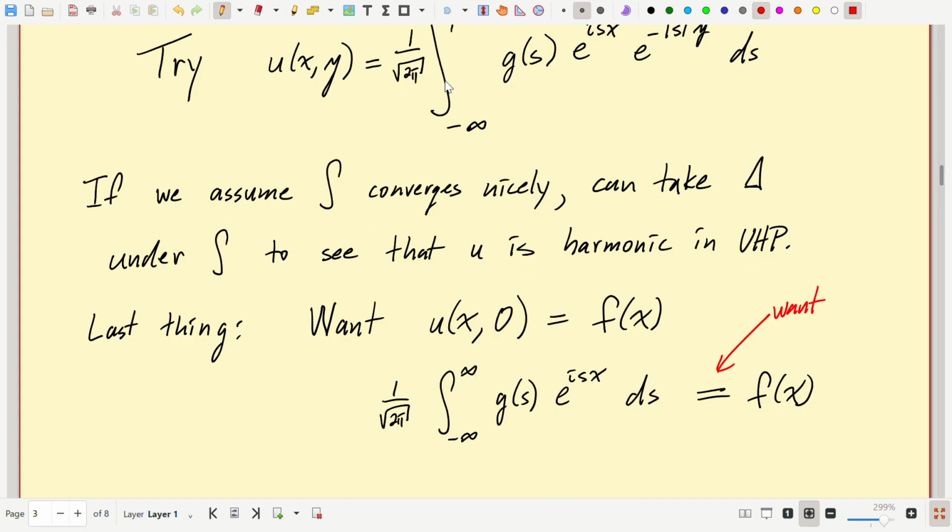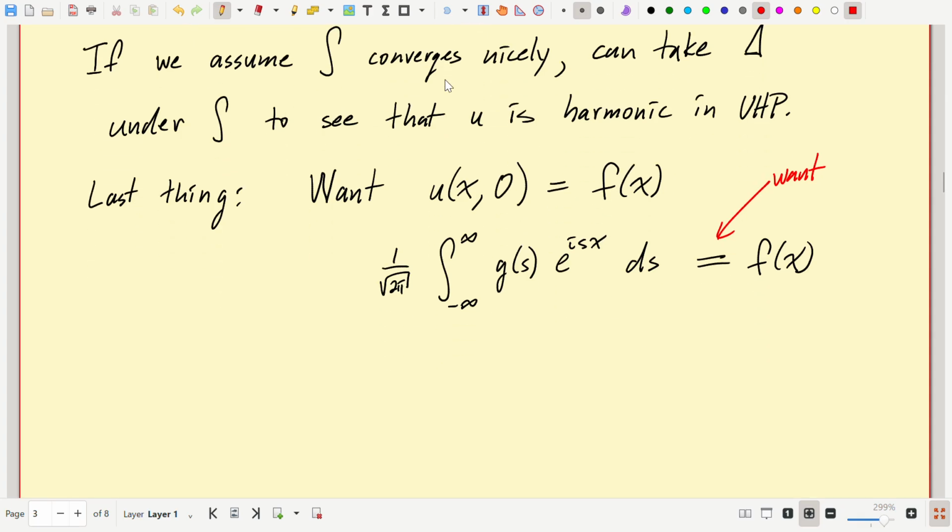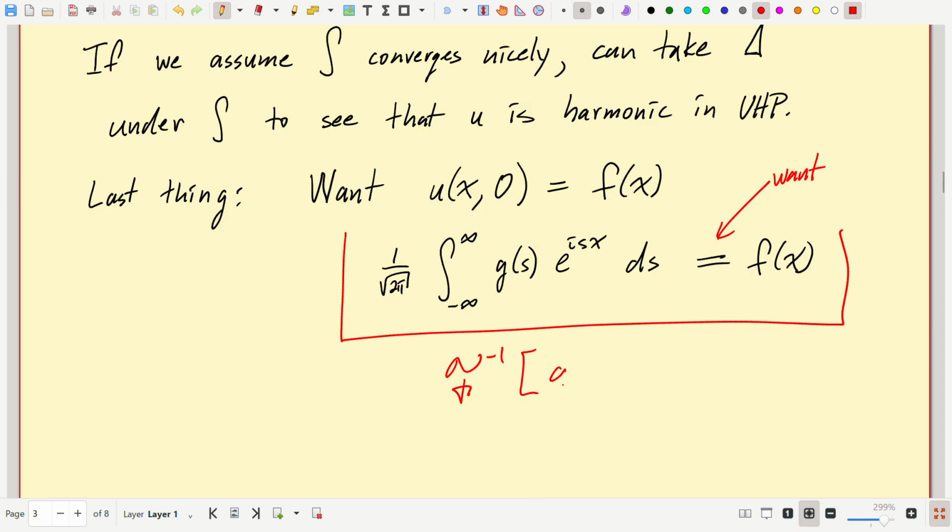And the aha moment, again, is that we've seen that formula. That's the inverse Fourier transform. So this is the inverse Fourier transform of g, and we need it to be equal to f.